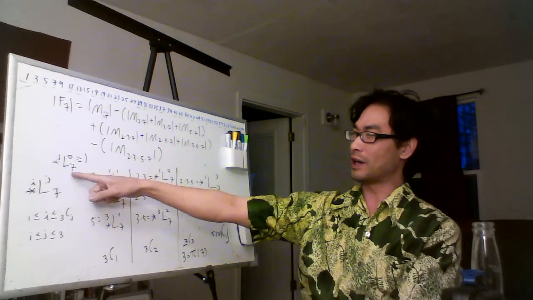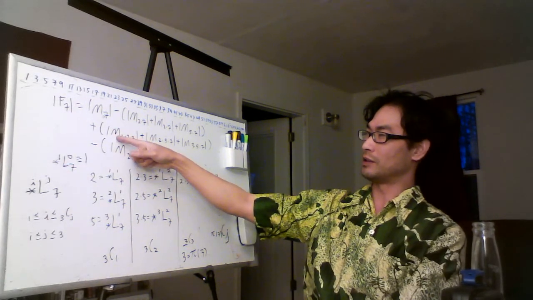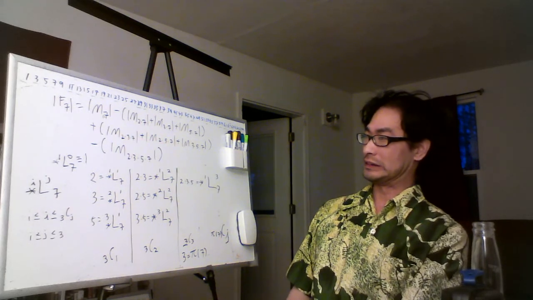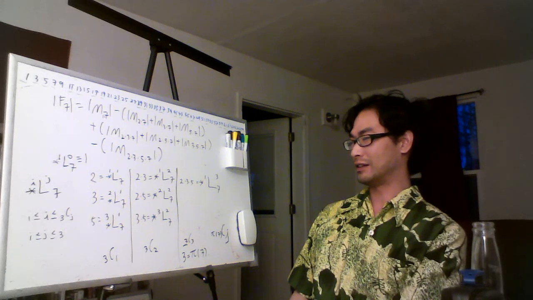So the lesser prime set star is the index of this M, the set of multiples. Now I get it.